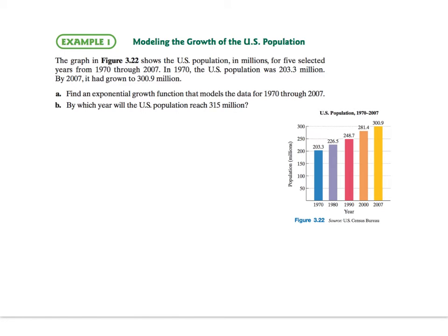So here we're going to find the model first. We always start with our basic equation: the amount A is equal to the initial amount times e to the kt. Let's use the first year and the last year on our bar graph.